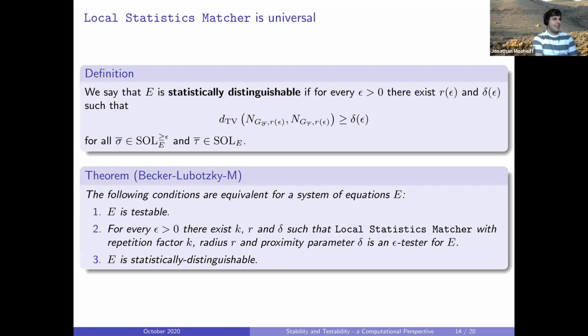the equations E are statistically distinguishable if for every epsilon there exists some R and delta, such that for every solution tau and for every sigma that's epsilon far from a solution, there's at least some delta difference between their R-ball distributions.